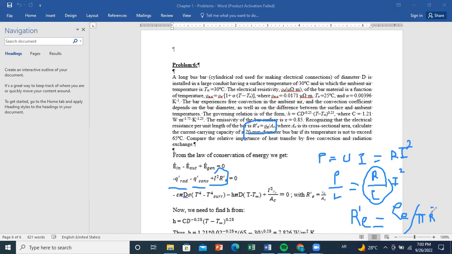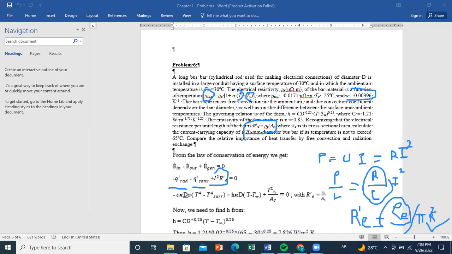We have the radius of the rod, we replace it. Now concerning rho, it's given also as a function of temperature. Okay, so alpha is a constant given, and to find the electrical resistivity, we have to replace T by 25, T0 by 25, and T represents here the ambient air temperature.